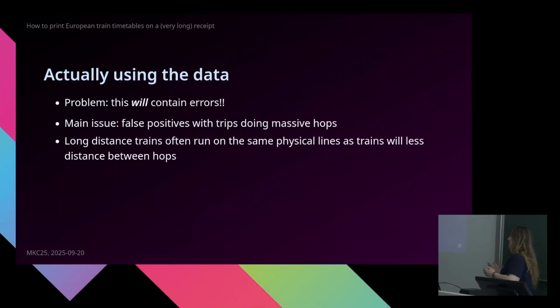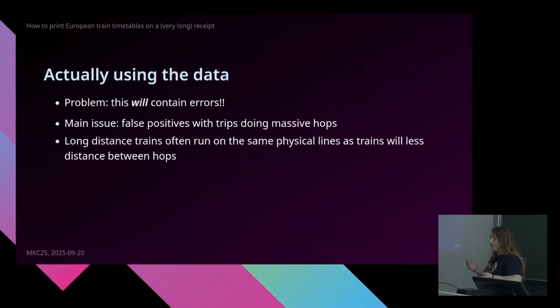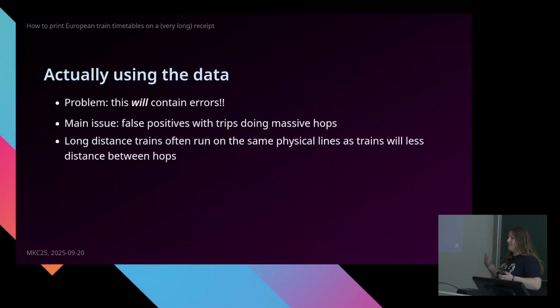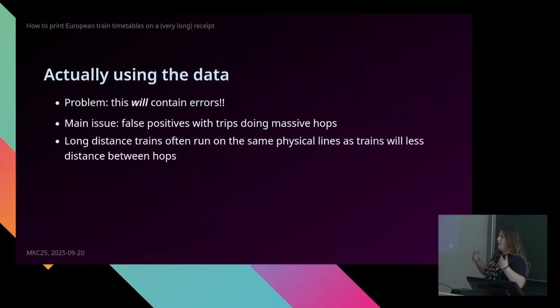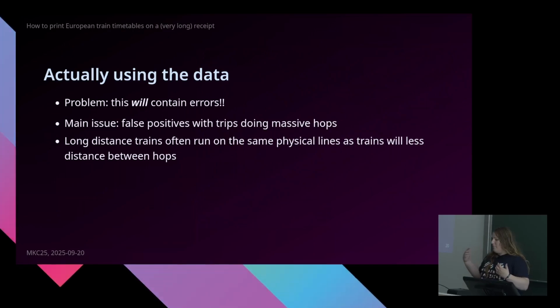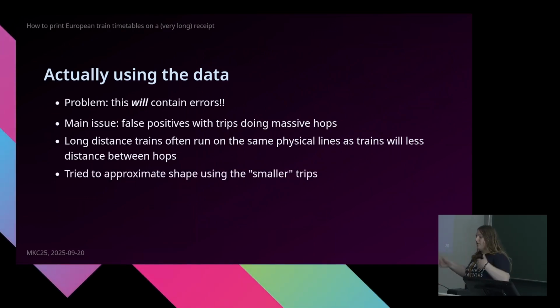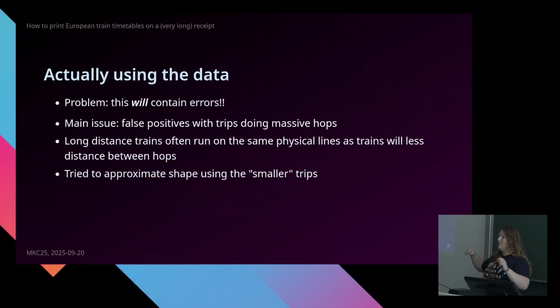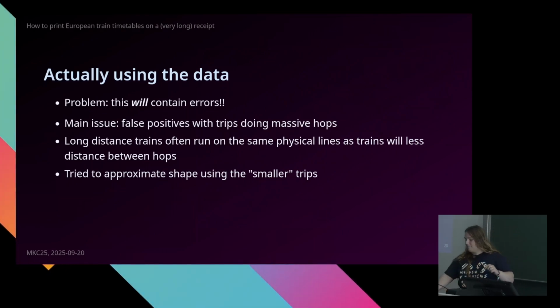However, there is a fix which I've tried to look into, which is long distance trains. They often run on the same physical lines as lower distance trains. So maybe we can approximate the shape using the smaller trips, take the intermediary stations, and then use this as a path. This is theoretically doable.